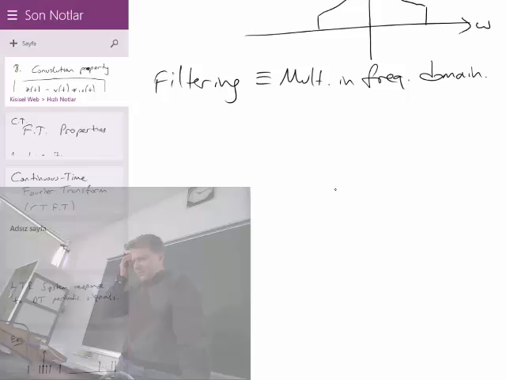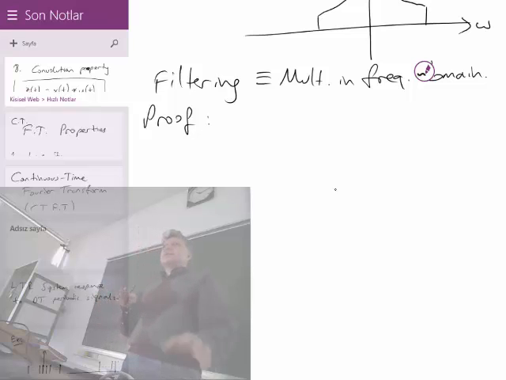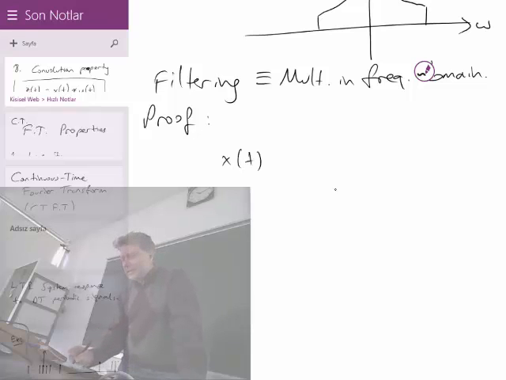By the way, this proof is not a very nice way of proving it in the context of rigorous proofs, because it requires some extra information to attach into the problem. But it's neat. If x of t passes through h of t, the output is y of t.